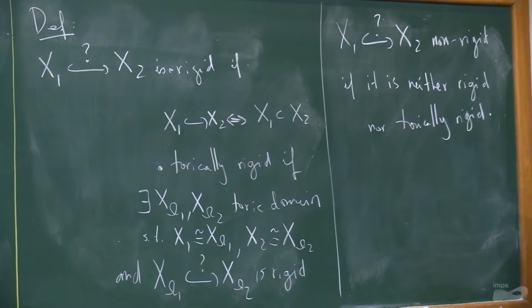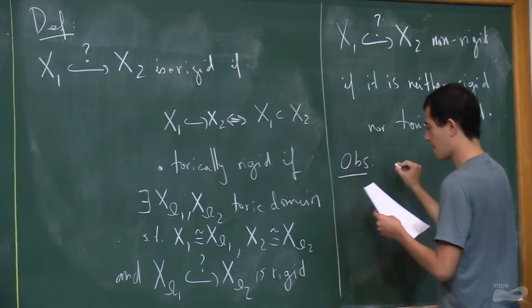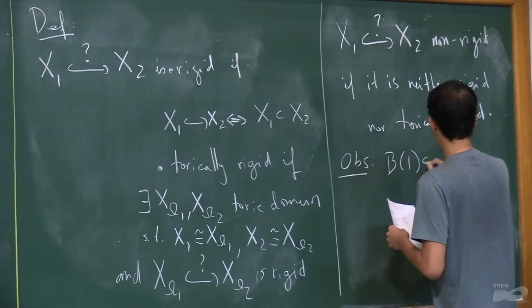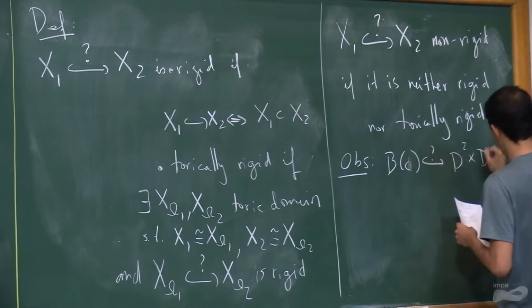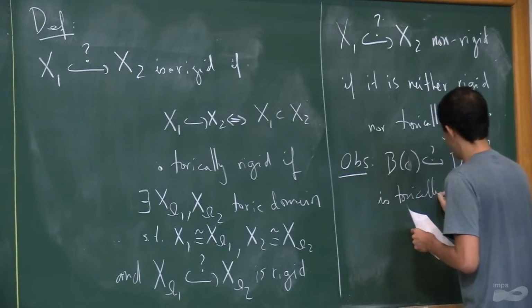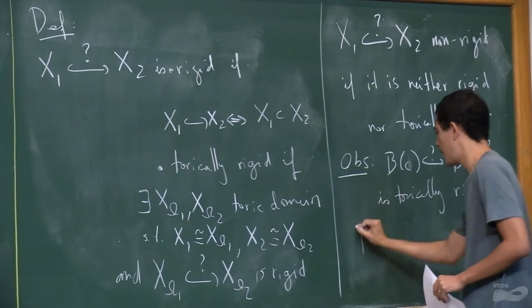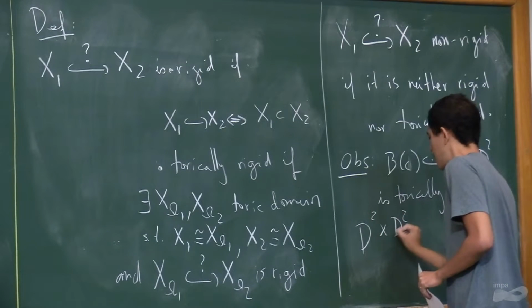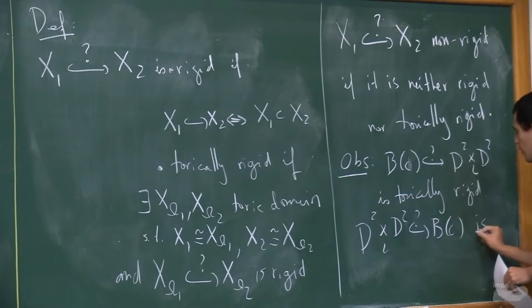Okay. So what I just said is that the problem of embedding a ball into the bidisk is torically rigid. And the problem of embedding the bidisk into a ball is non-rigid.